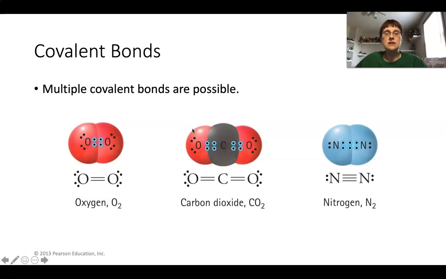And so you can see here carbon dioxide is going to do the same thing. Carbon has 4. It needs more, so it's going to share 1 set with oxygen so that oxygen's got its 8 on each side. And then, because it's sharing on both sides, carbon actually has all 8 that it needs.